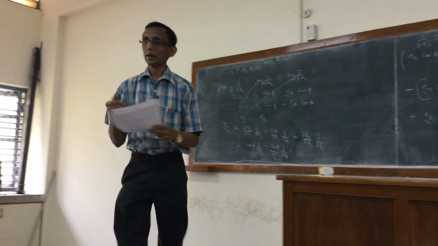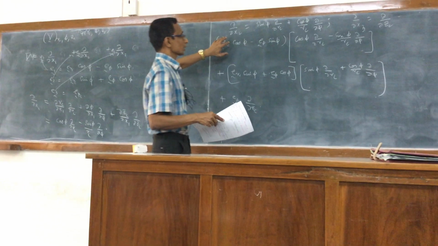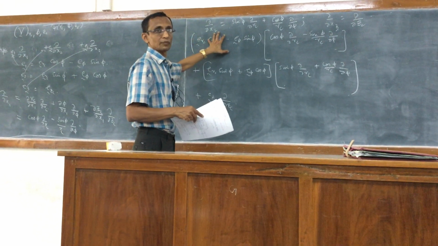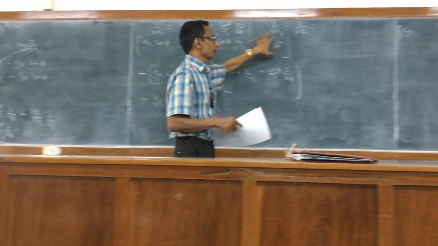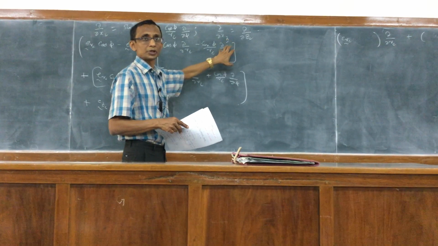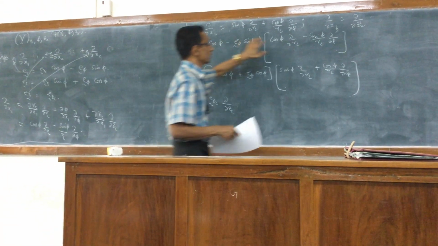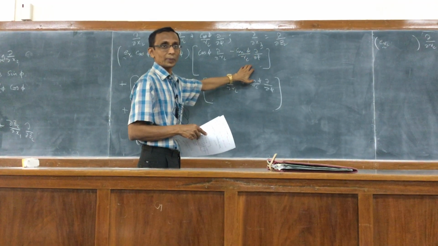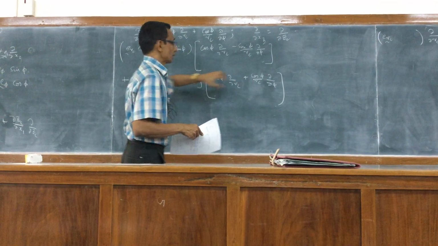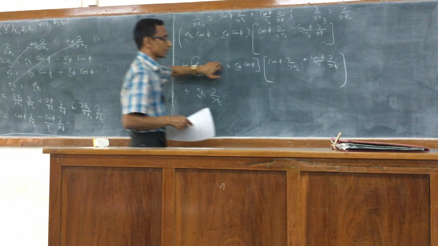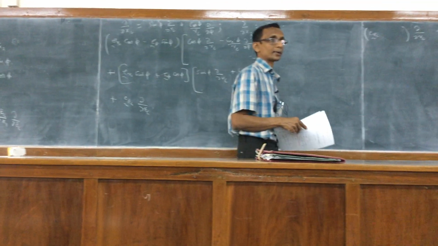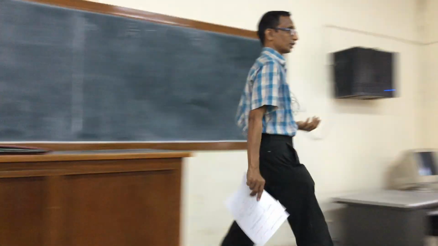There is nothing like that. But you can clearly see that the coefficient of the operation d by d phi connected with ERC is cos phi times minus sin phi by rc, and then here it is sin phi cos phi by rc. So they cancel each other.